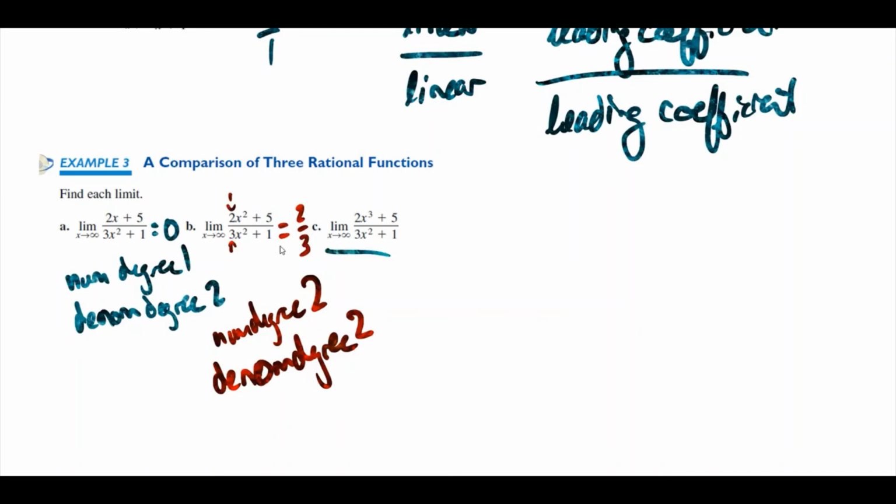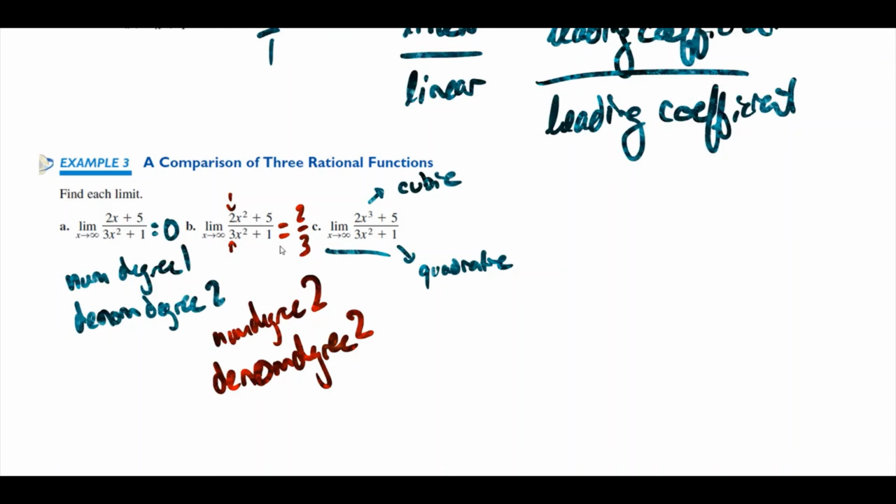We have our numerator is a cubic, so that's interesting. And our denominator is a quadratic. Therefore, we're going to get a giant number cubed, then doubled, and then add 5 in our numerator.